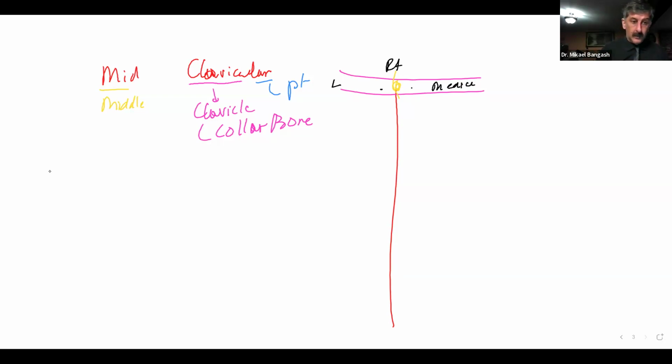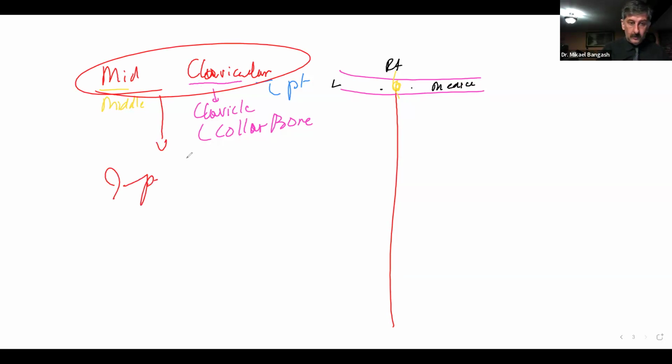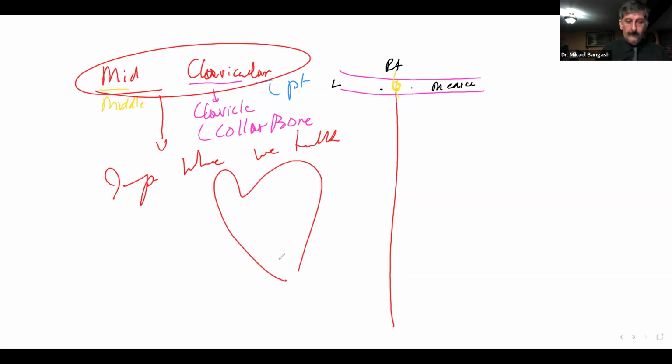And this line here, guys, is going to be important when we talk about the heart. At that point, I will again say mid-clavicular line, which is going to be a sagittal line running right here.